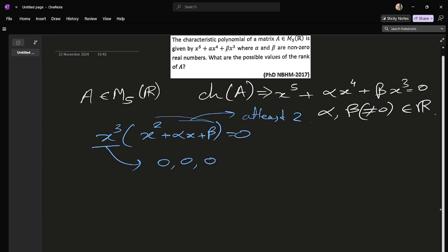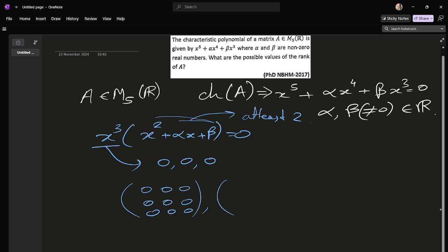Now what can the possibilities of the Jordan blocks corresponding to 0 be? Three things can happen. The first case is the null matrix.